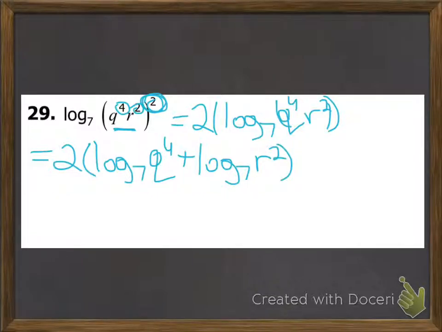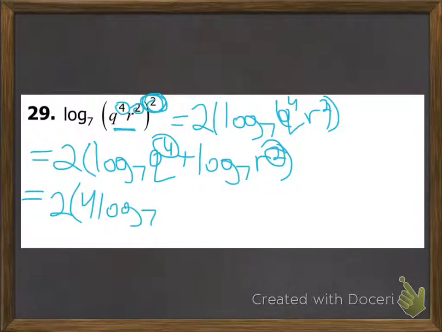Okay, now we have to take care of these exponents. So on the next line, we still have that 2. 2 times 4 log base 7 of q plus 2 log base 7 of r.